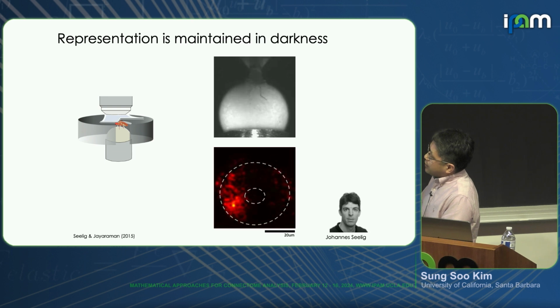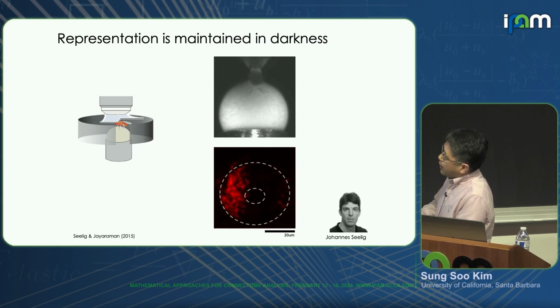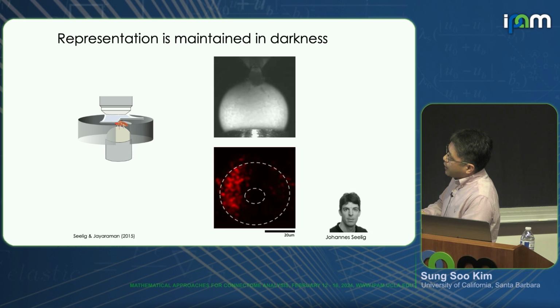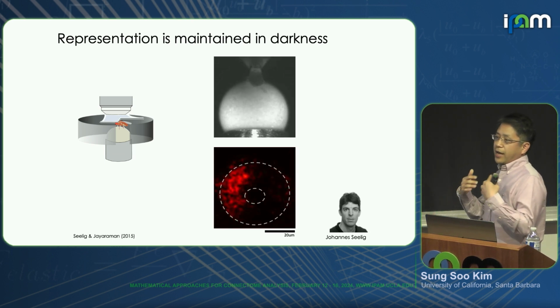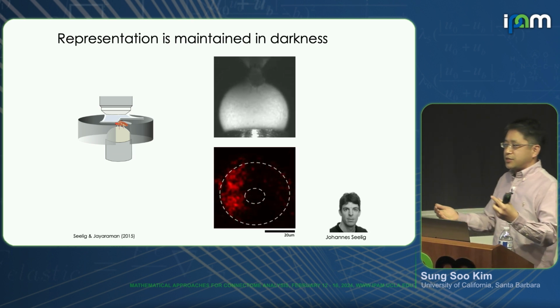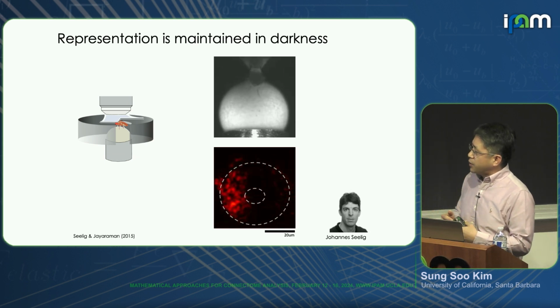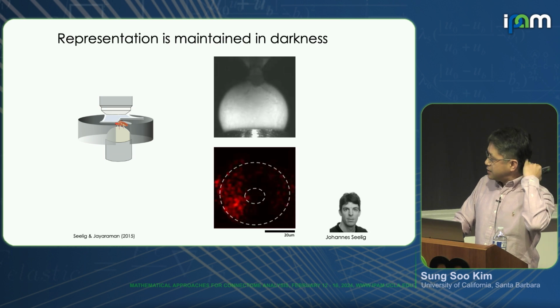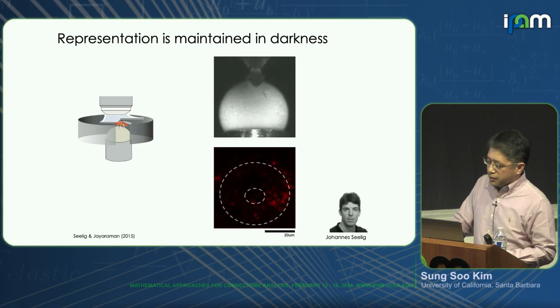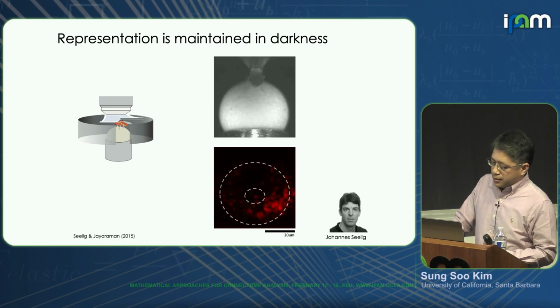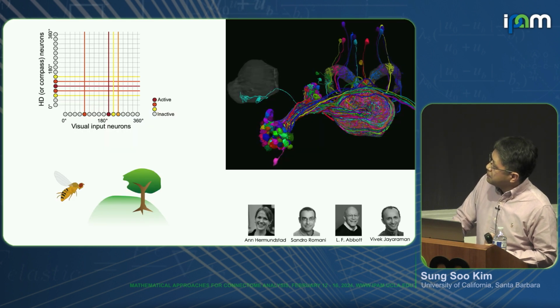The fly is rotating the ball, and the bump is actually following it, meaning that there is additional information that is generated from motion, the self-generated motion, that updates the location of the bump. And this process is critical for the modeling. So here is a model.